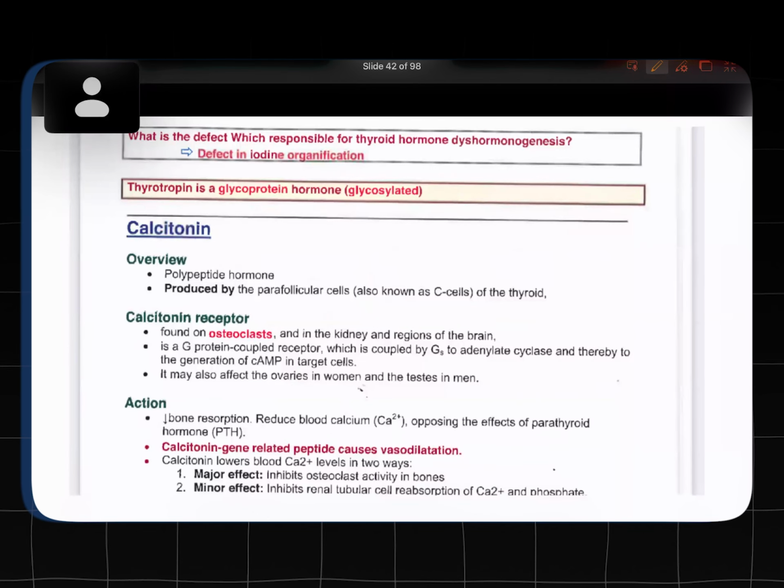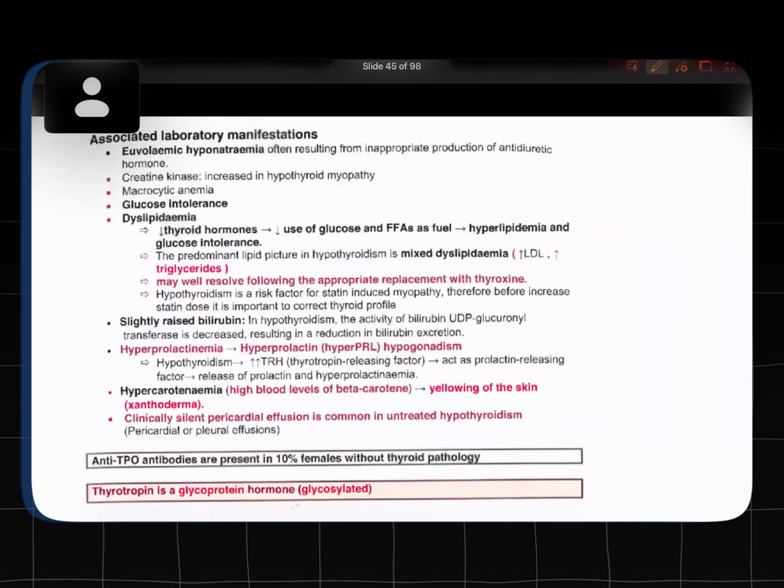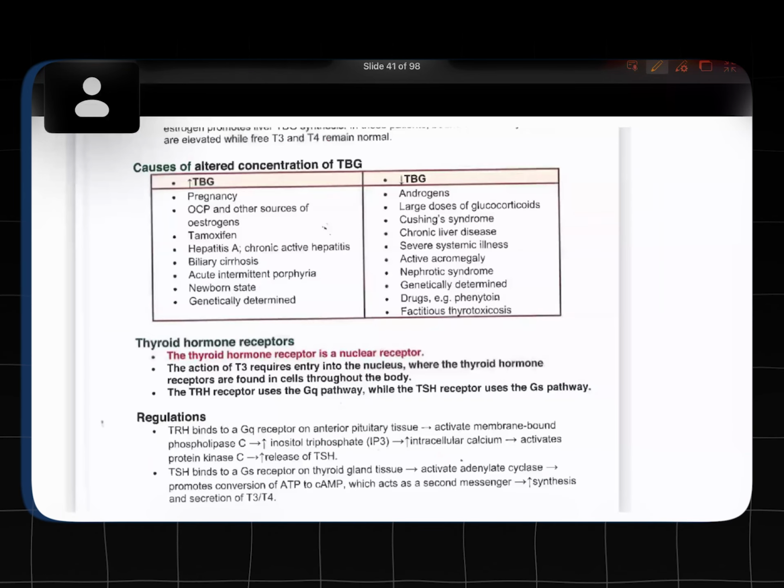So now we are entering the field of thyroid. We have basically completed the pituitary related things. TSH we shall again discuss in the thyroid. ACTH and cortisol we shall discuss again in the adrenals.